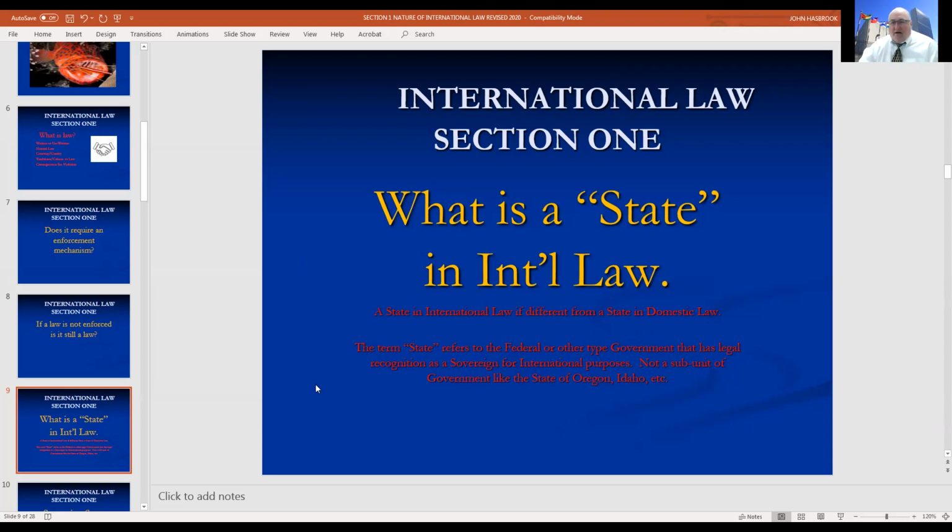So a state in international law is different. I've got a typo there, I'll fix that. It is different from a state in domestic law. The term state refers to a federal or other type of government that has legal recognition as a sovereign for international purposes, not a subunit of a government like the state of Oregon.